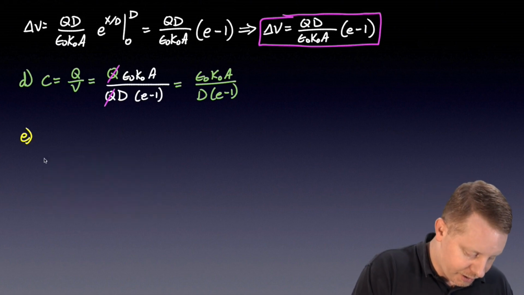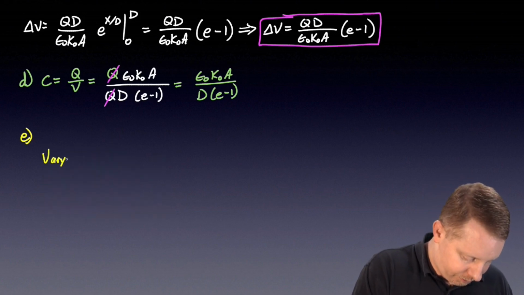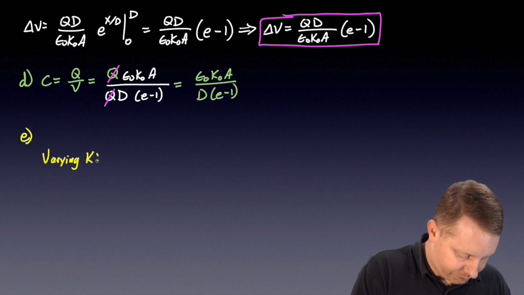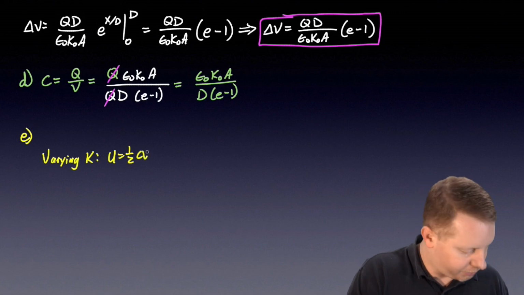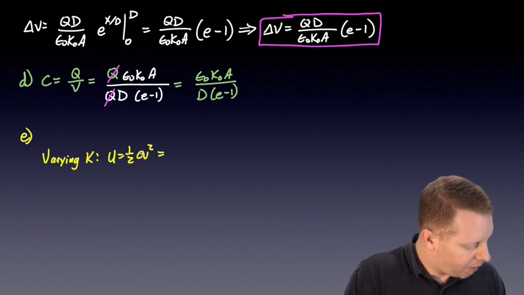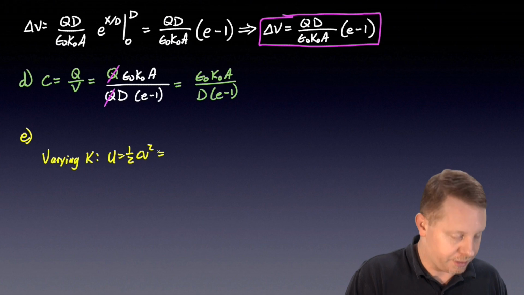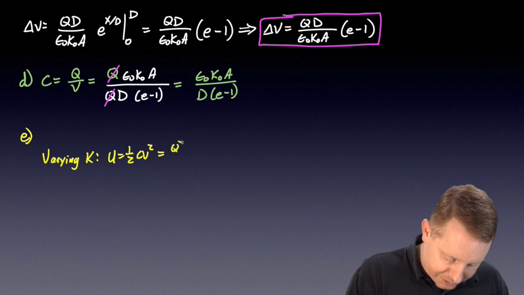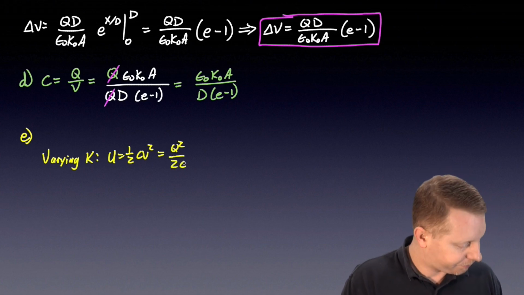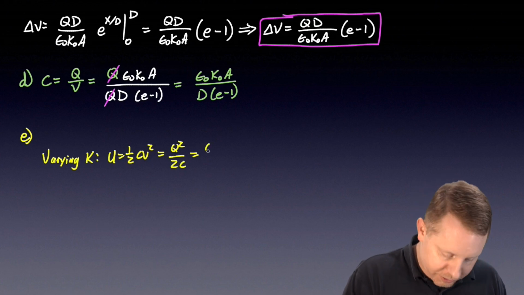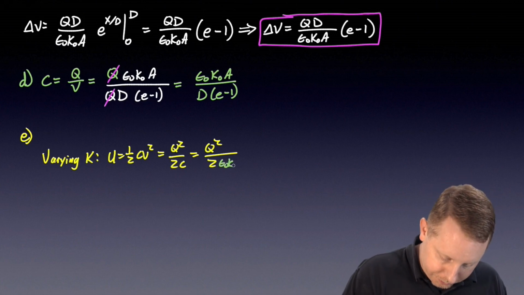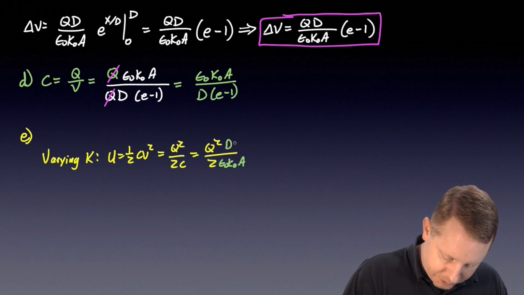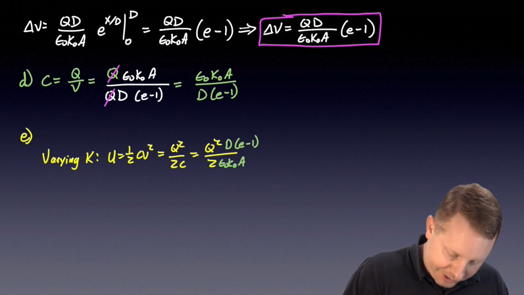So for the varying capacitor, varying dielectric, well, U in a capacitor, the stored potential energy is 1/2 CV squared, which we can replace V with Q over C to write this as Q squared over 2C, which, as we finish this up, Q squared over 2, and we just figured out that C is epsilon naught kappa naught A over D E minus 1.